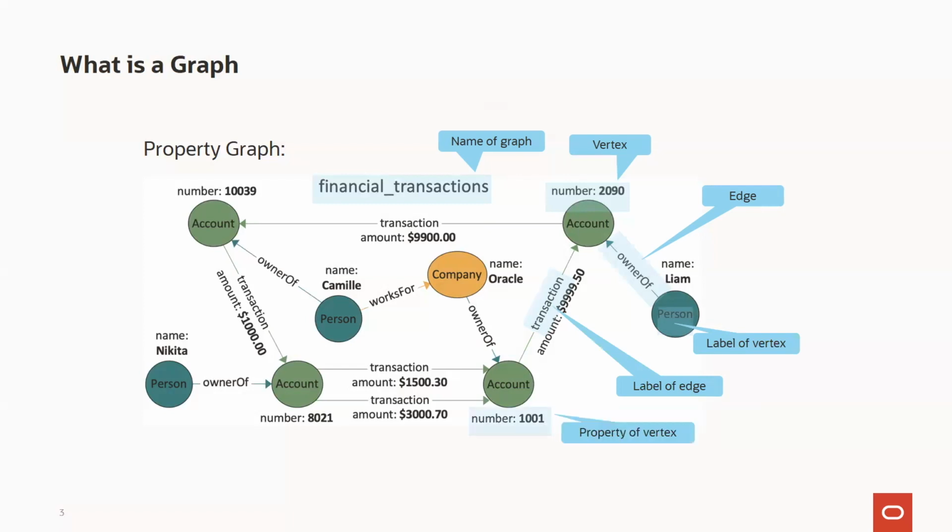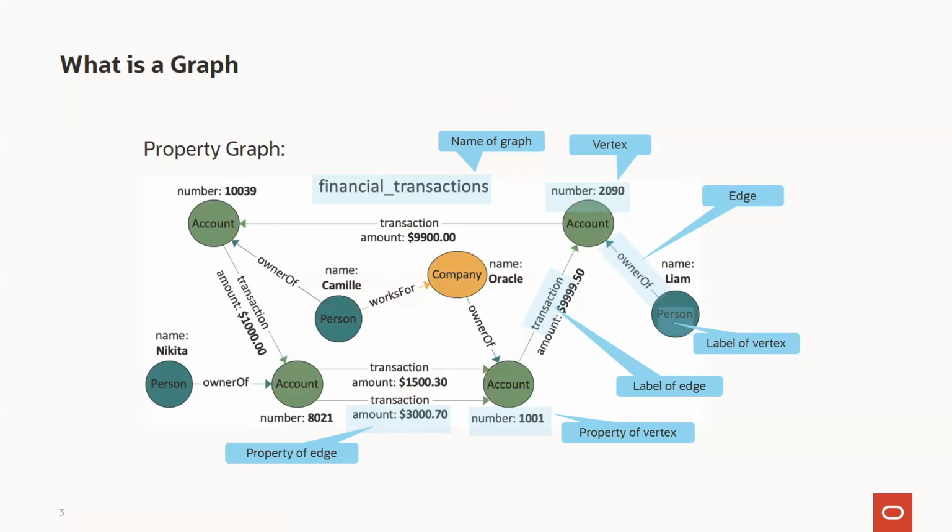Similarly, we have the property of a vertex, which is the account number. So account is the vertex, the person associated with that particular account becomes the label of the vertex, and the account number becomes the property of the vertex. Similarly, we have an edge, which is owner of, and the label of an edge can be the transaction. The property of the edge can be the actual amount that was transferred between different people.